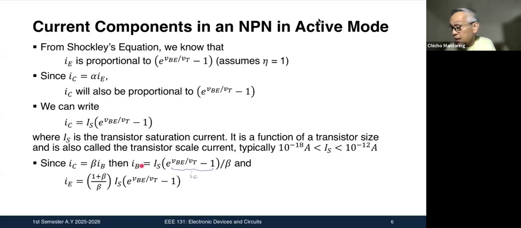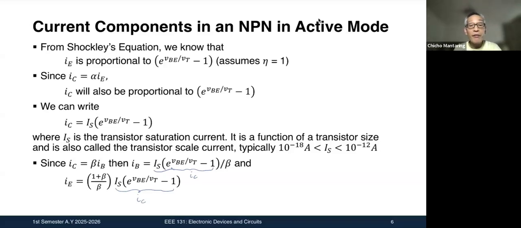So IB is just IC divided by beta. And what is IE? IE is (1 plus beta) over beta times IC. You learned this in EEE 123. So this is also in terms of IC.